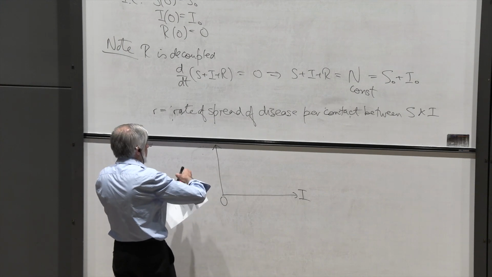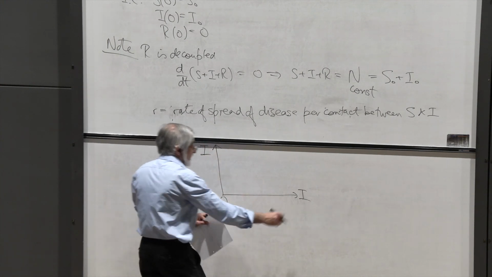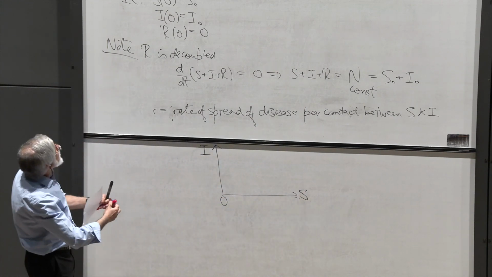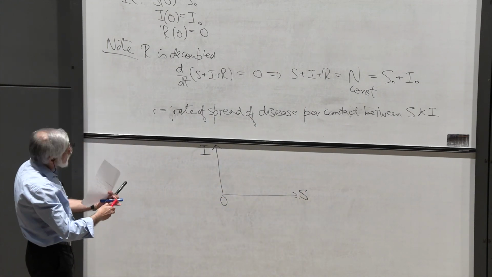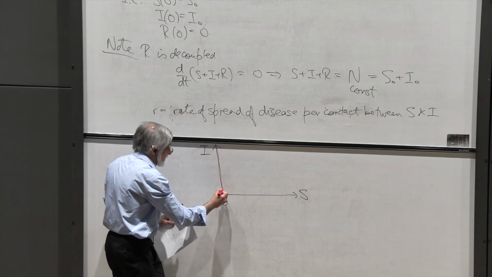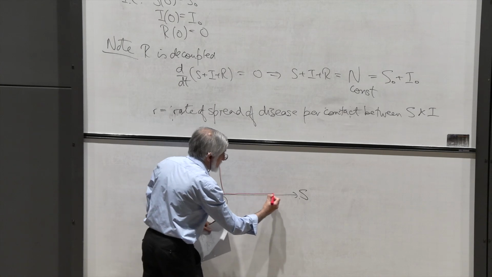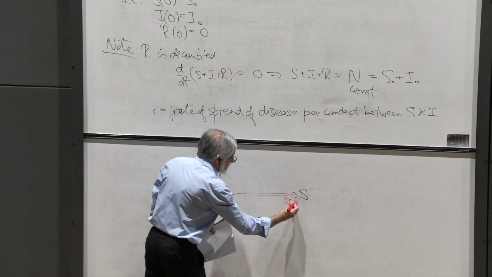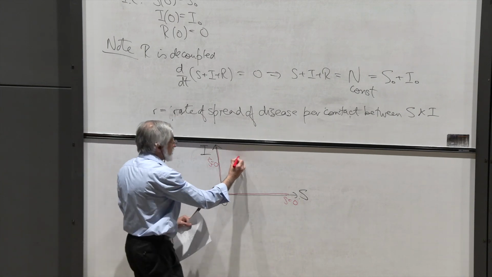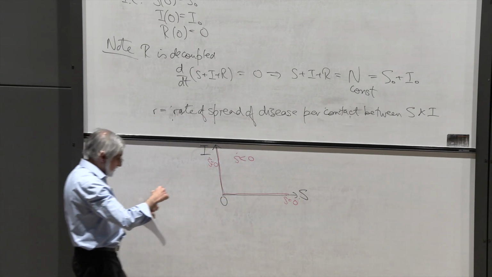This should be I, that should be S. So dS by dt equals 0, well, both of these. And inside here, S dot is negative.